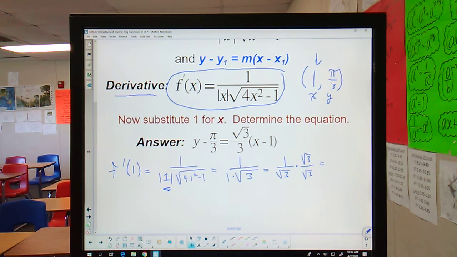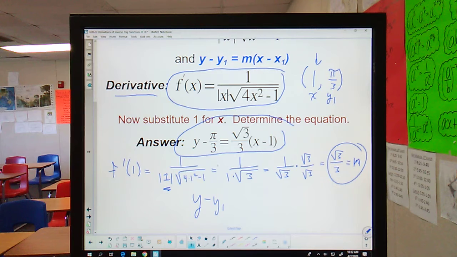You don't have to rationalize the derivative formulas, but answers, radical 3 over 3. That's going to be your slope that goes through 1, pi over 3. So there's our final answer, because we want the equation now, y minus y1. y1 is pi over 3 equals m. m is radical 3 over 3 times x minus x1, which is 1.